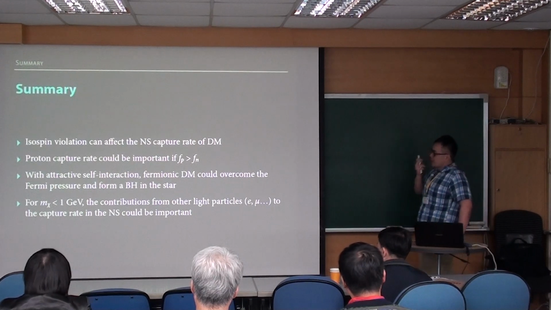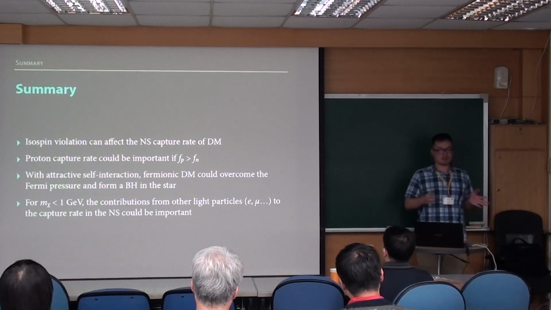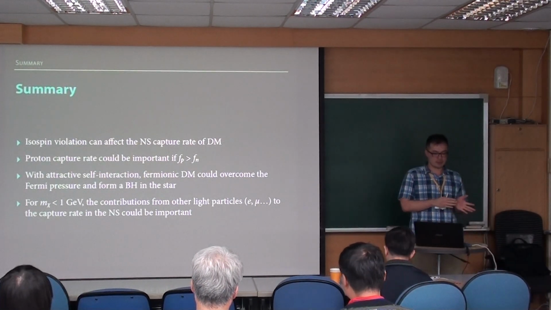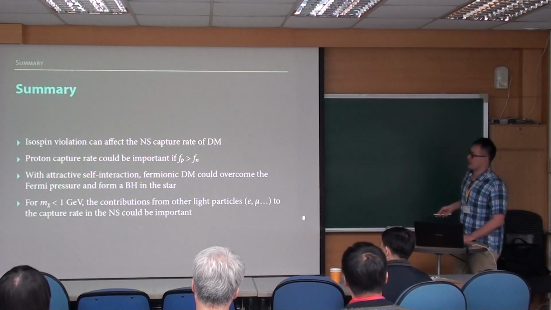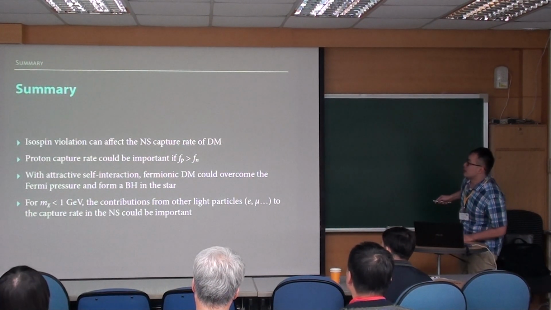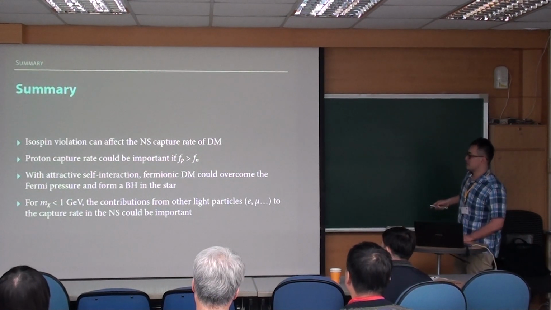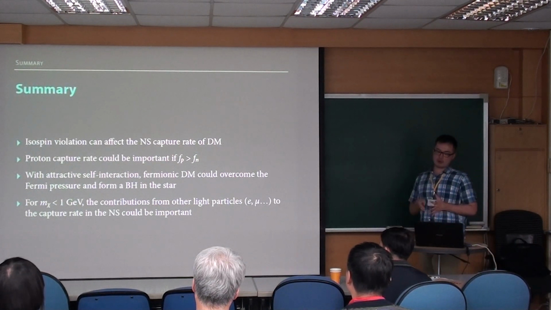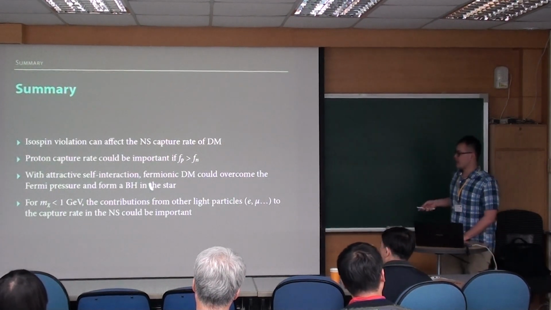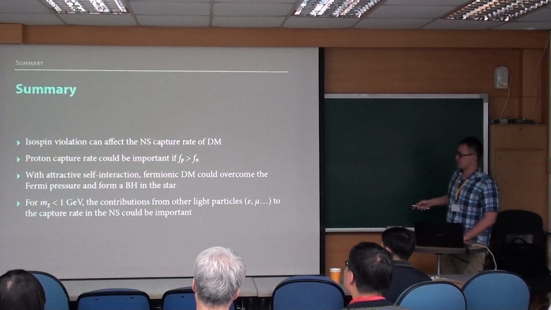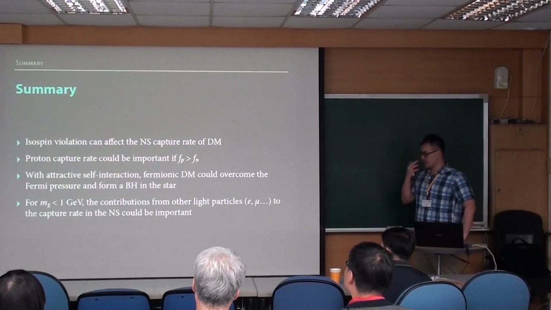So in that case, even though the proton fraction is much smaller than the neutron, the contribution from the proton is significant. On the other hand, by considering the attractive Yukawa potential, the dark matter could form a black hole inside the star. So this kind of property can be tested by future observation.